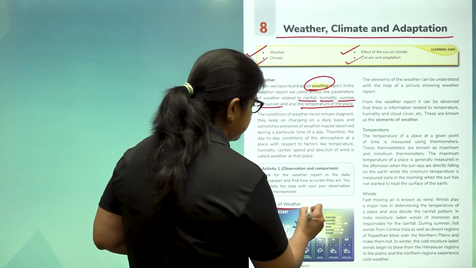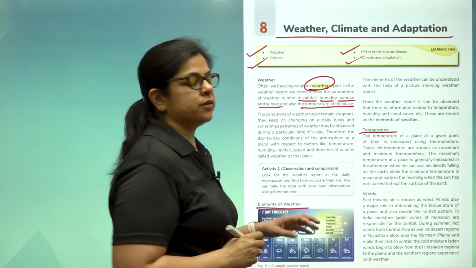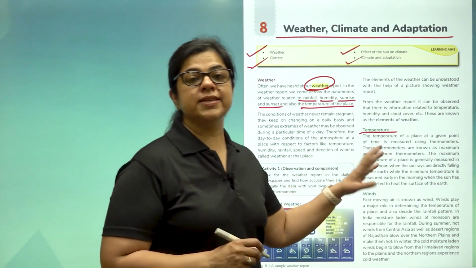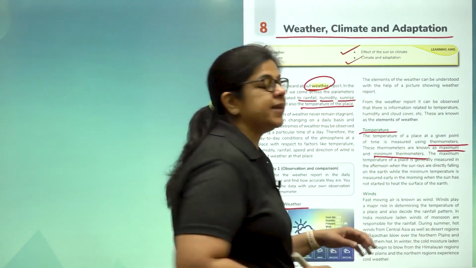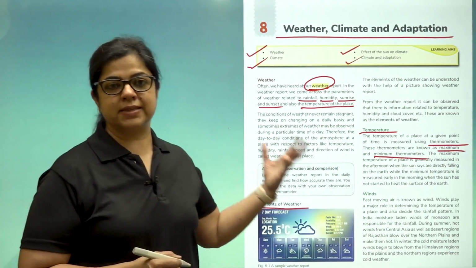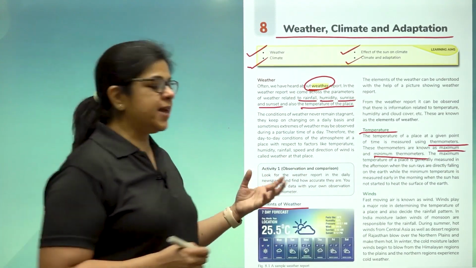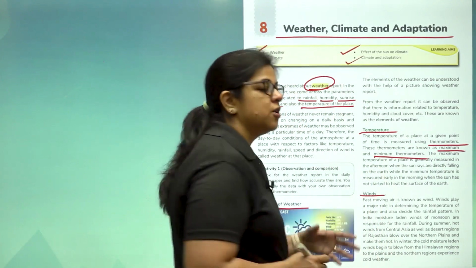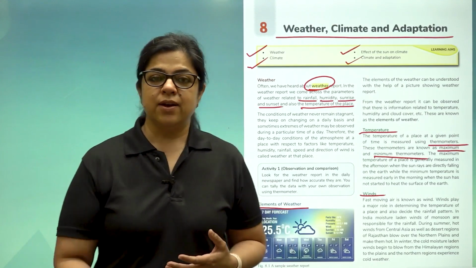So, what are the elements of weather? The first element is temperature. We know that temperature is measured using a thermometer and we get an average daily temperature maximum, average daily temperature minimum. The next is wind. So, what is wind? Fast moving air is known as wind.